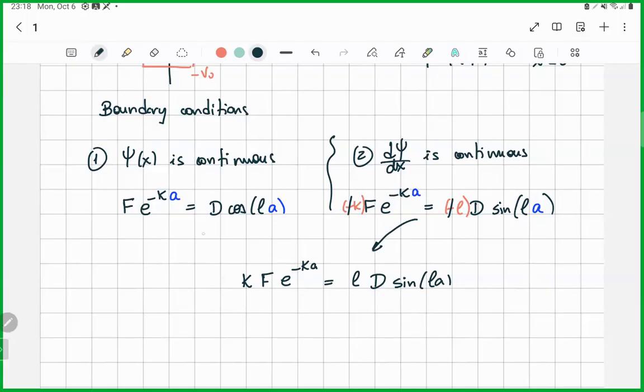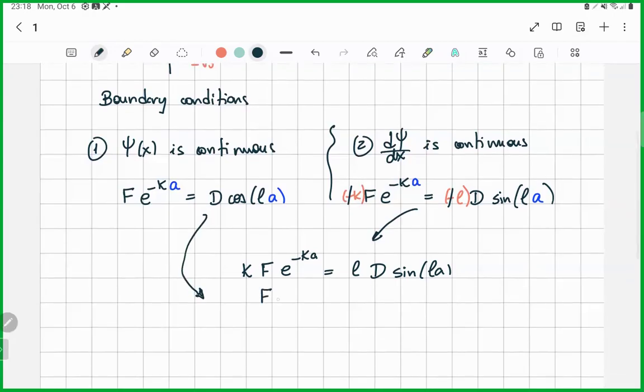Now let me write the other one below, and we have f exponential minus kappa a equal to d cosine La. I wanted to put both together because you see, they look very similar, no? They have some elements in common.